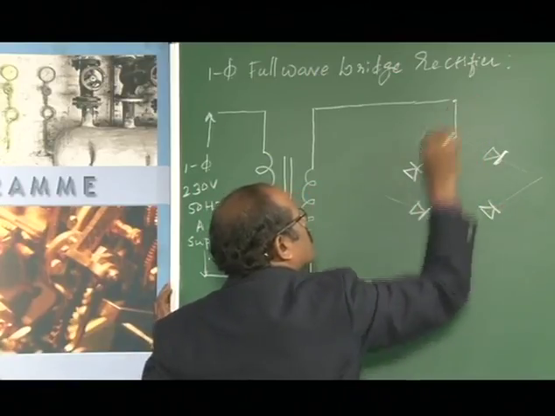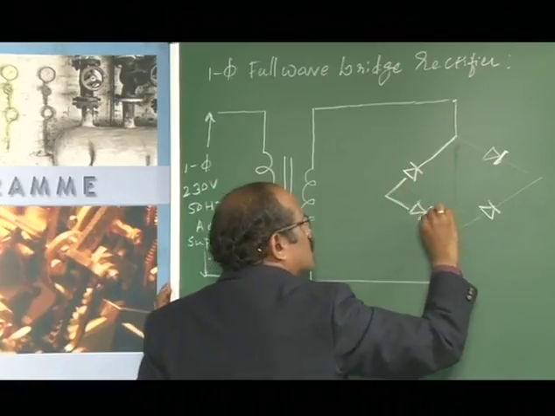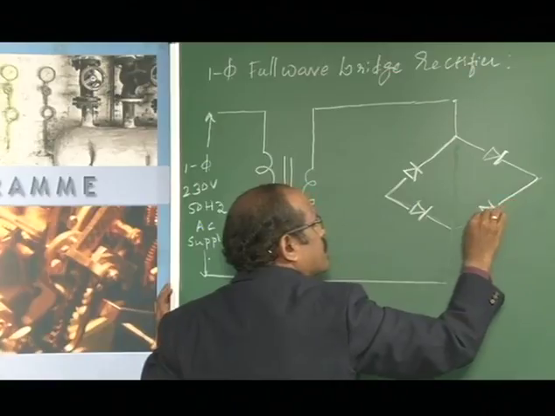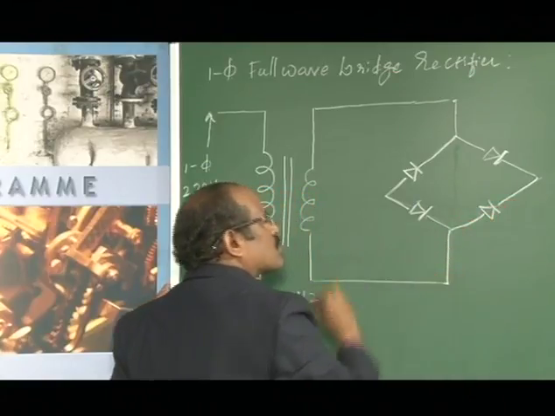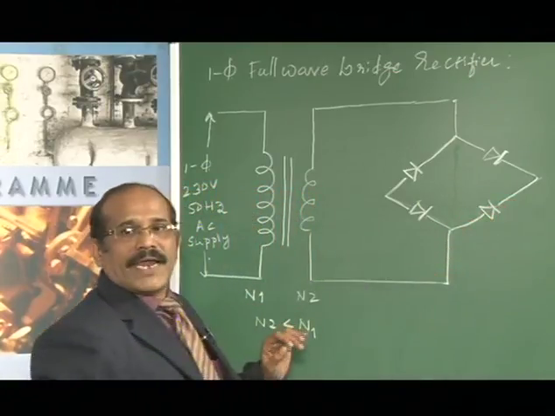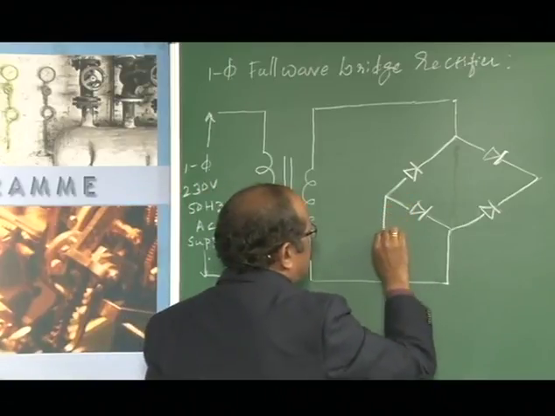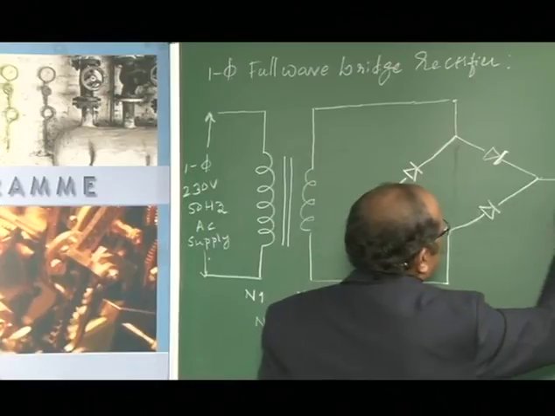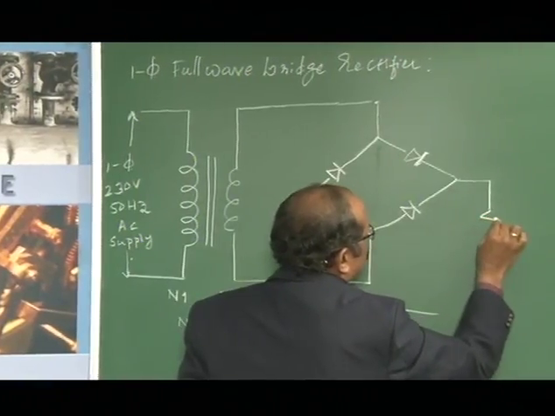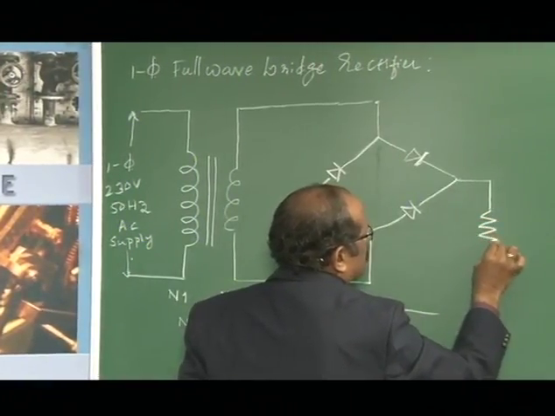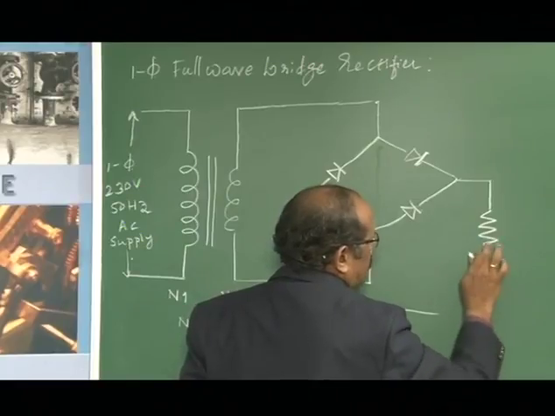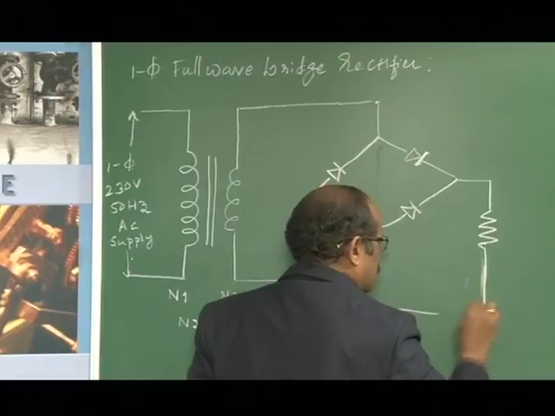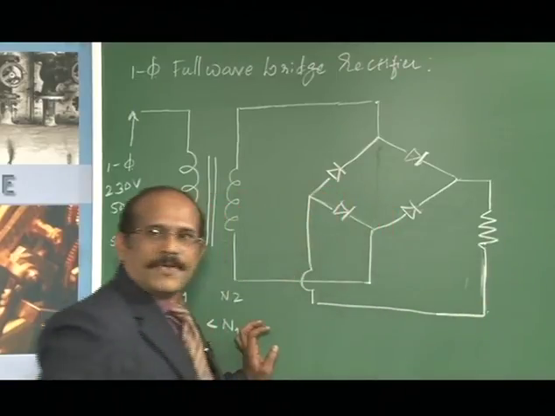So we have 4 diodes in a bridge configuration. In this case we are connecting a load across it, which I call RL.